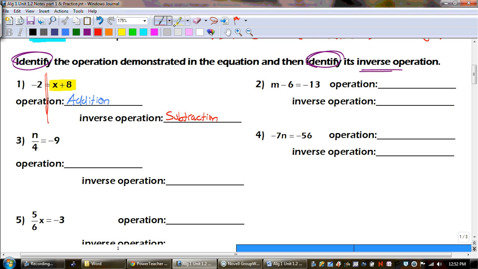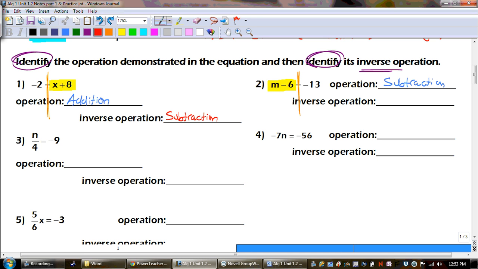Let's look at number 2. I'm going to draw the line down the middle. What operation do we have with the variable? Subtraction. This is where we don't do the keep-change thing, because you might ask, am I adding that 6 or subtracting that 6?